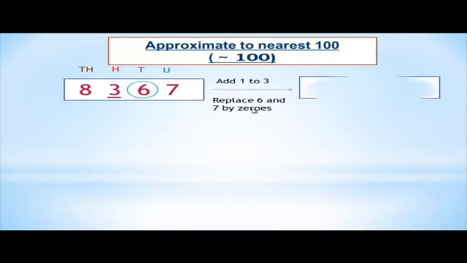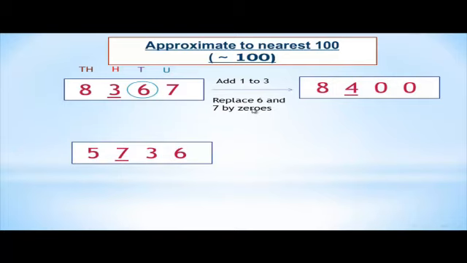Ask about the digit before the 100. I found it is 6. Ask yourself, is 6 weak or strong? Yes, I hear you, 6 is a strong number. So give 1 to the 3 to become 4. Add 1 to the 3 and replace 6 and 7 by zeros. So the result will be 8,400.